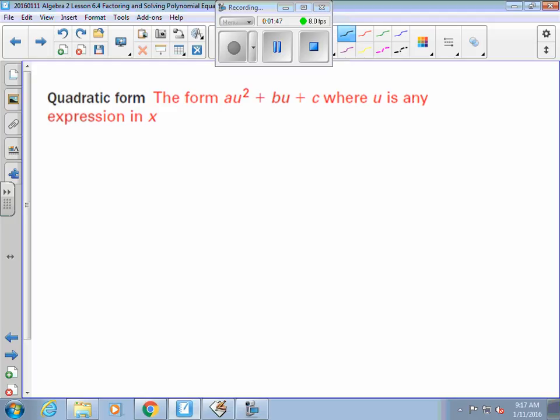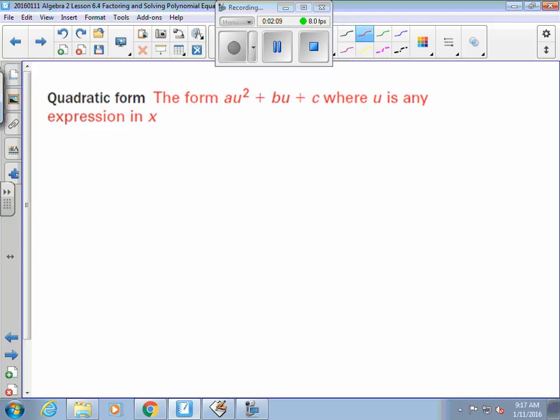Quadratic form is very similar to what we consider the standard form of a quadratic equation, ax squared plus bx plus c. The difference in this definition is u represents an expression.